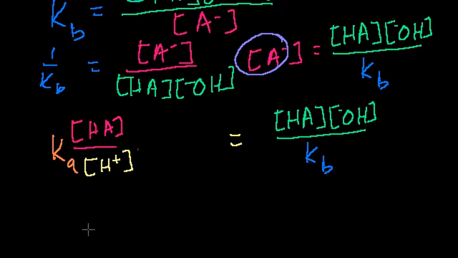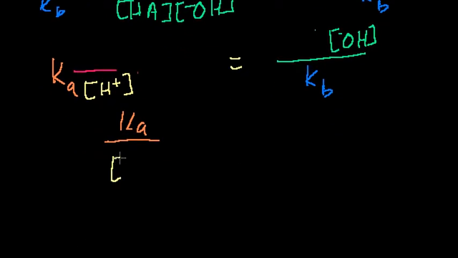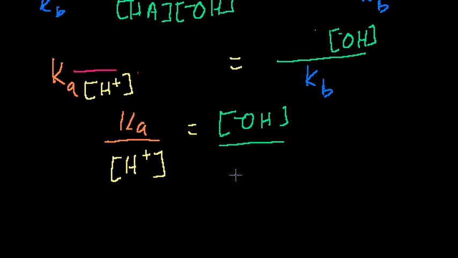We can divide both sides by HA, so this over here will cancel with this over here. And we're getting pretty close to a neat relationship. We get Ka over our hydrogen proton concentration is equal to our hydroxide concentration divided by Kb. We can just cross multiply this.